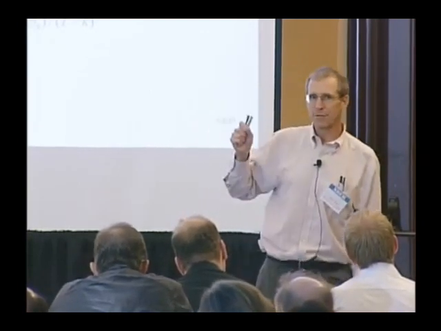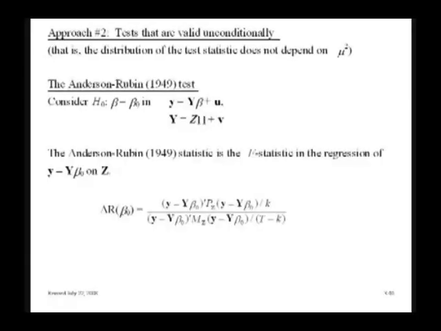It's very impressive. Anyway, what the Anderson-Rubin statistic does is it's an incredibly clever and simple idea, which says the following thing. I know how to test the hypothesis beta equals beta naught in a way that doesn't depend on the strength of the instruments, and here's how I'm going to do it. I'm going to hypothesize my value. Well, since it's hypothesized, I can compute y minus y beta naught. I can just compute the residual under my hypothesized value.